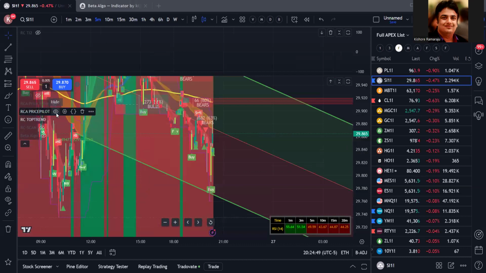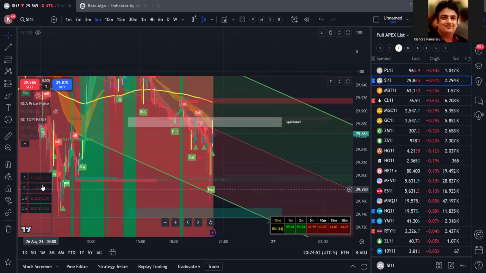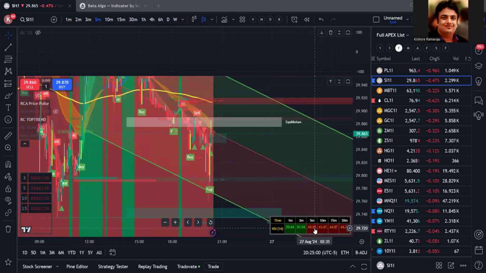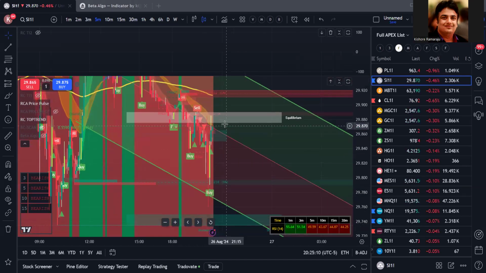By looking at price pilot or price pulse, you know the trend is completely bearish. 1 minute, 3 minutes, because of this pullback, they are green, but all the other time frames are bearish. So if I get a sell now, I can confidently enter a short. I can make another 100, $200 with one account with one contract.